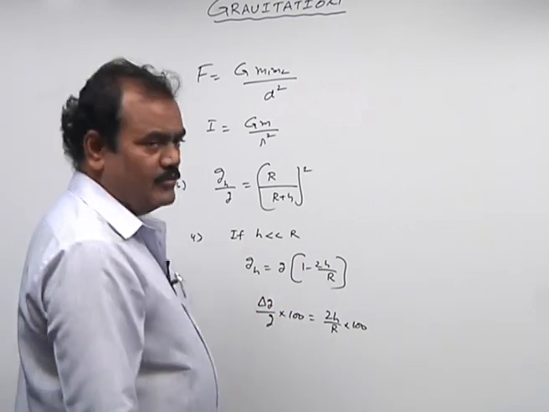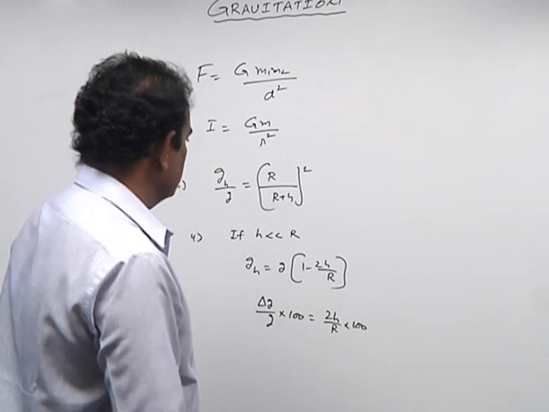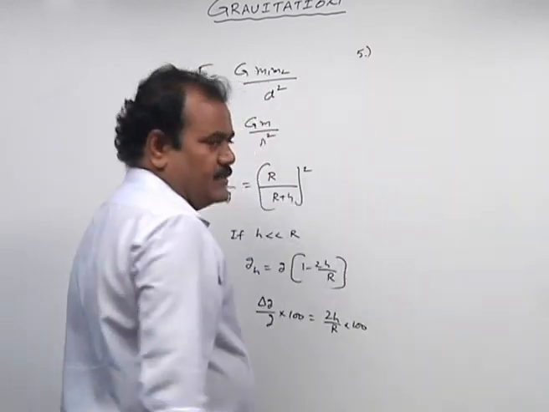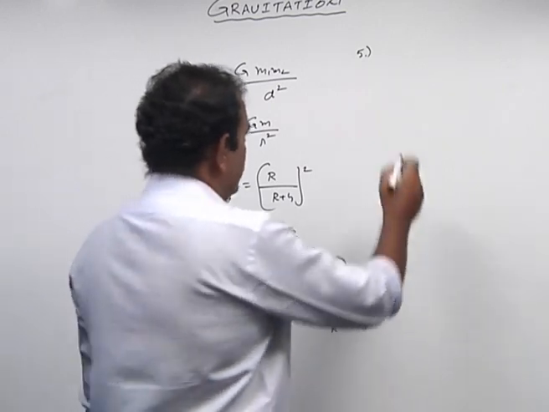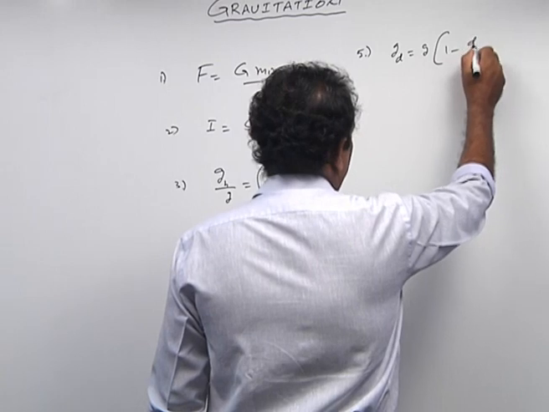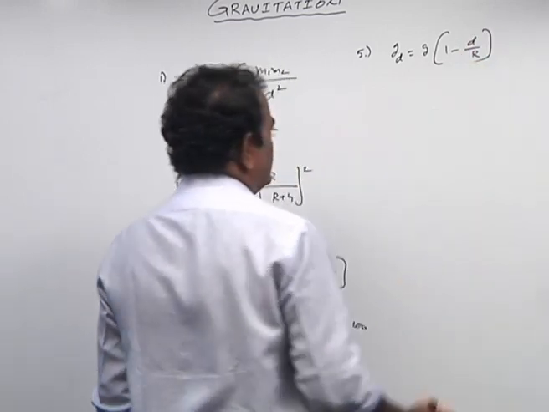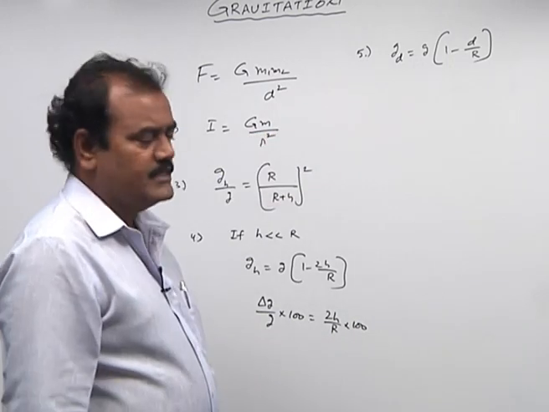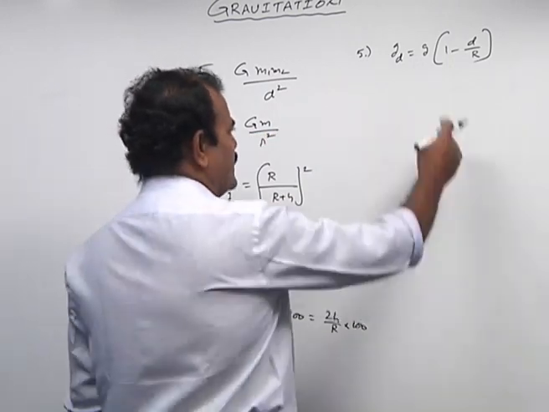And the next one, when you go deeper into the soil, is the depth effect. In that case the formula is g_d is equal to small g into 1 minus d by r, and this is an accurate formula.